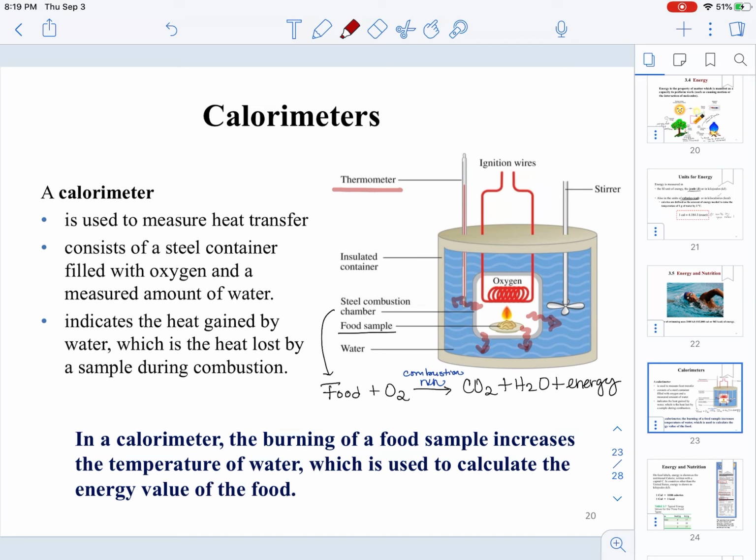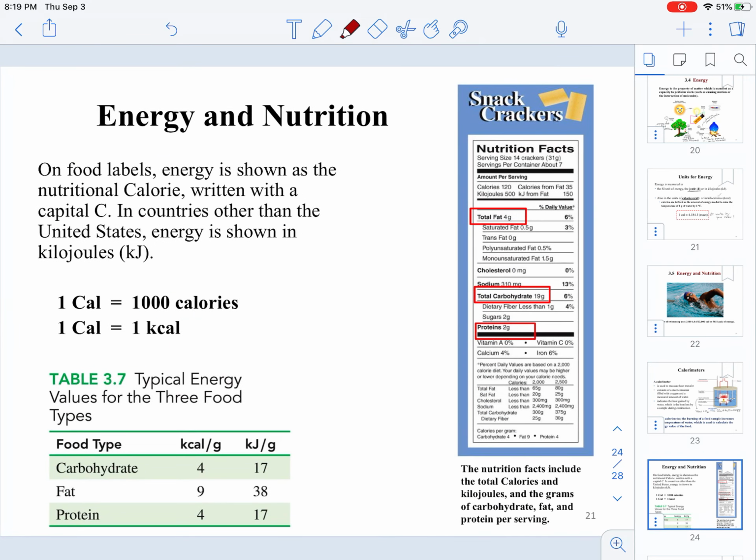Now, let's actually look at that in the context of nutritional facts labels. So, understand that on food labels, energy is shown as the nutritional calories, and nutritional calories are written with a capital C. In countries like the United States, we use nutritional calories, but there are other countries that utilize kilojoules to represent the energy in food.